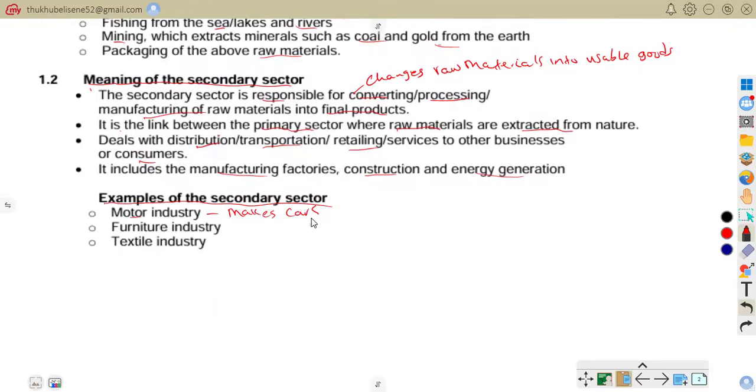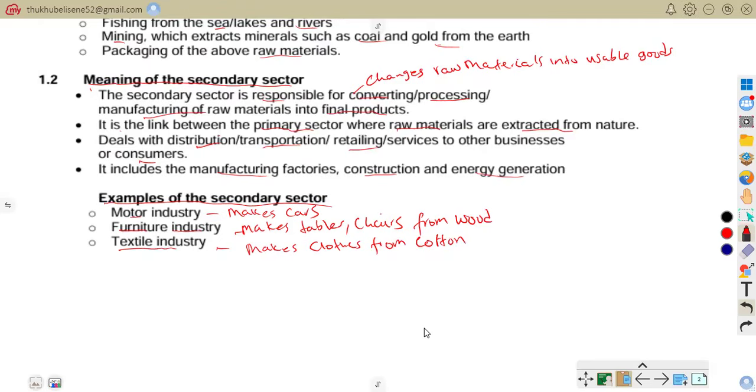We have the furniture industry, which makes tables and chairs from wood. Also, we have the textile industry, where one makes clothes from cotton.